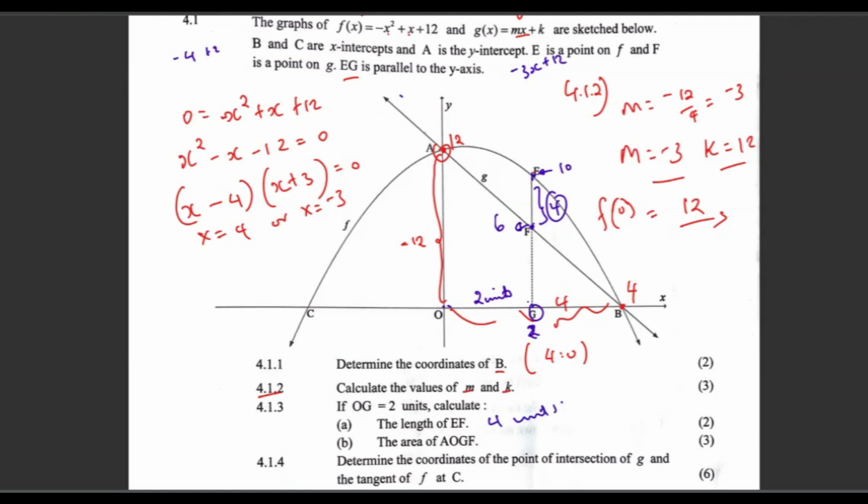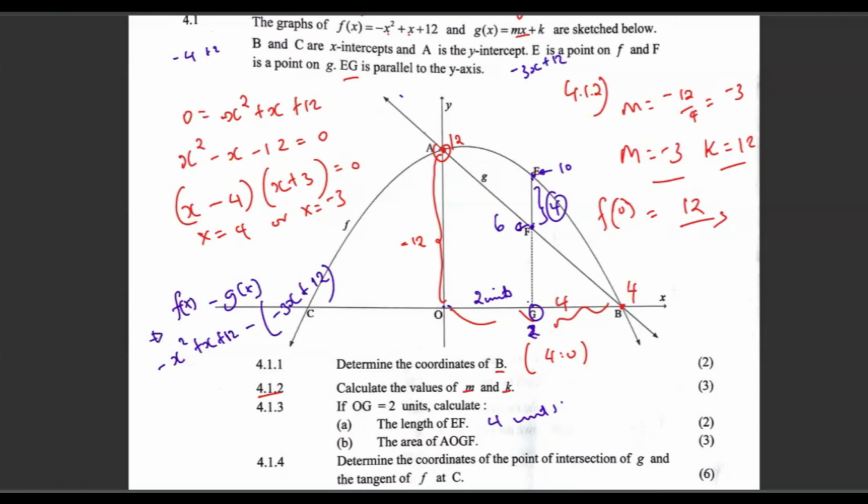What we said, the graph on top is F. Get F of X minus the G of X, and then replace everything with 2, where there's X. So it's like negative X squared plus X plus 12 minus the negative 3X plus 12.